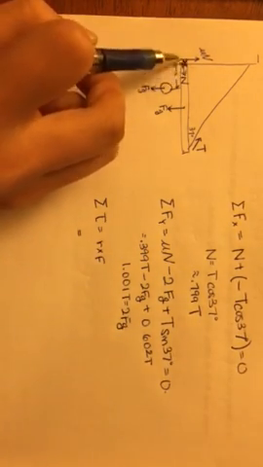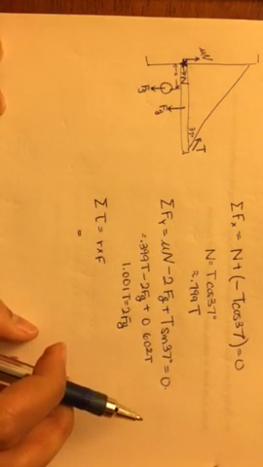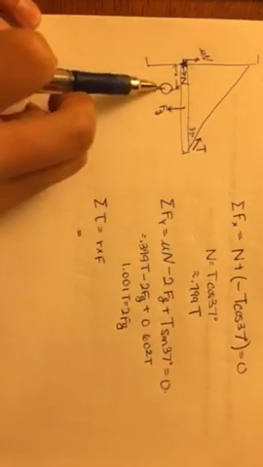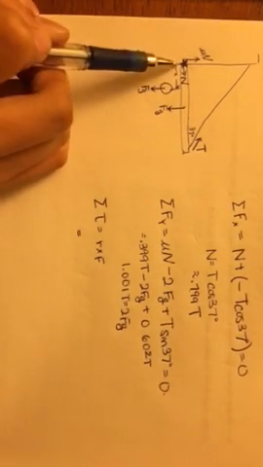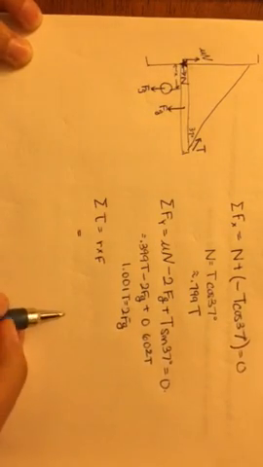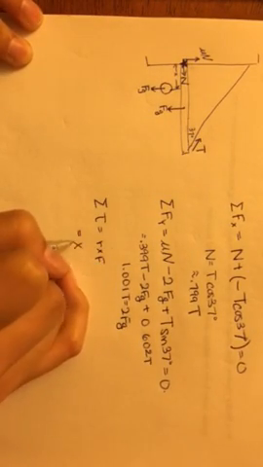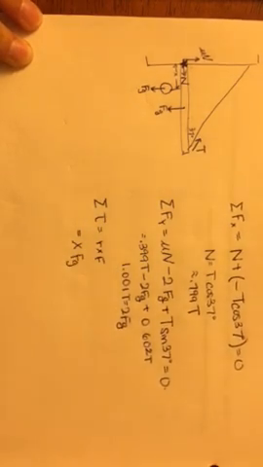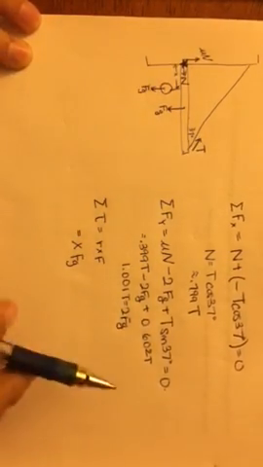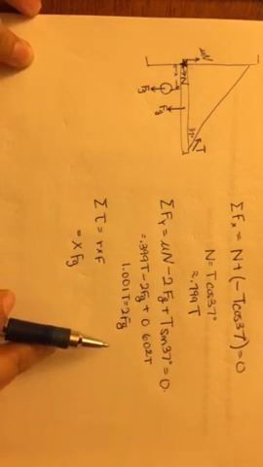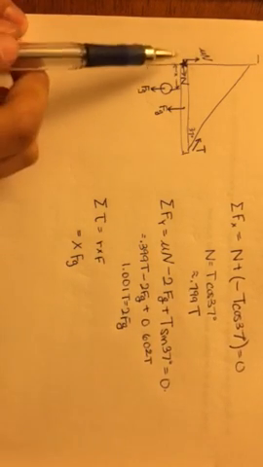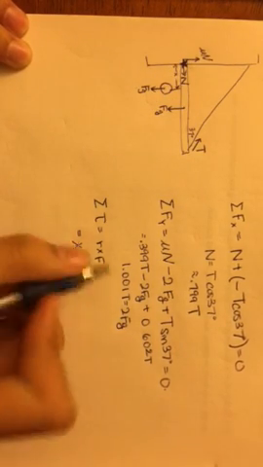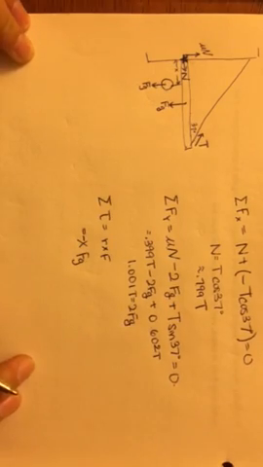Likewise, for this force, the distance from the center is also 0, so we don't need to include it. For this one, the force goes downwards and the distance goes this direction, so it's x times Fg sine theta, but theta is 90 degrees so sine is 1, and you don't need it. Now the direction, if you do r cross F by the right-hand rule, would give you negative. So attach the negative.